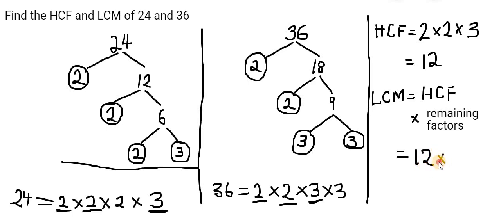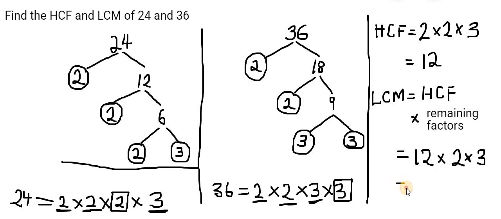The remaining factors that need to be boxed up on the left: that 2 wasn't chosen, so that's a remaining factor for 24. And for 36, the remaining factor that wasn't chosen was another 3. So that's 12 times 2 times 3.